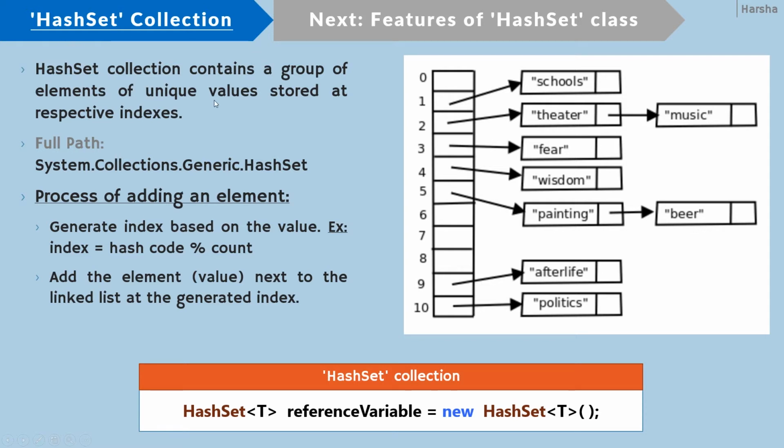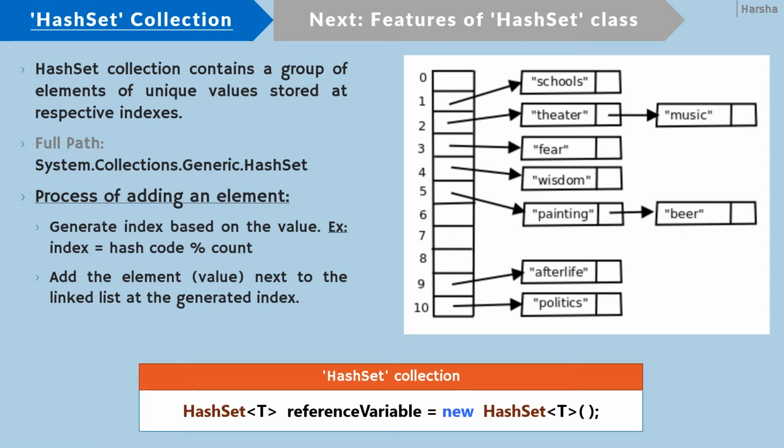In case of hash table, values may be duplicate, but key must be unique. And another difference is that hash set is a generic class, so you need to specify the data type for the value. It can be any data type, for example, int, float, string, or any other custom class.